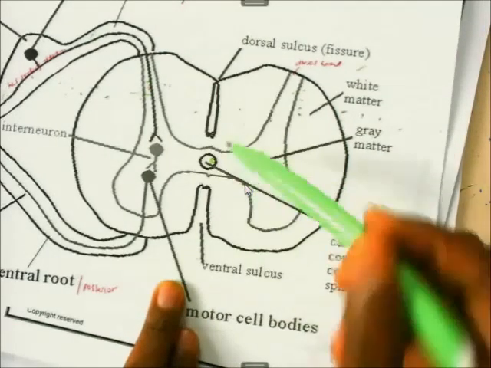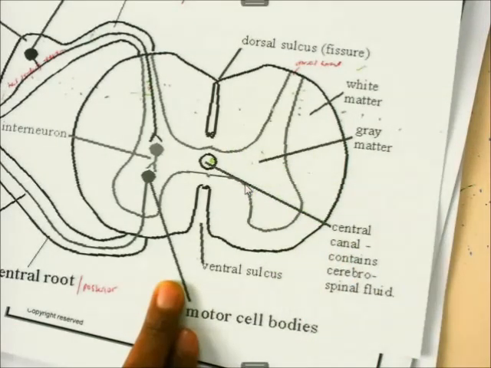This spinal cord is made up of three main parts, the first being the central canal. The central canal contains a fluid which is called the cerebrospinal fluid. This cerebrospinal fluid works in the same way as in the brain. It prevents desiccation.